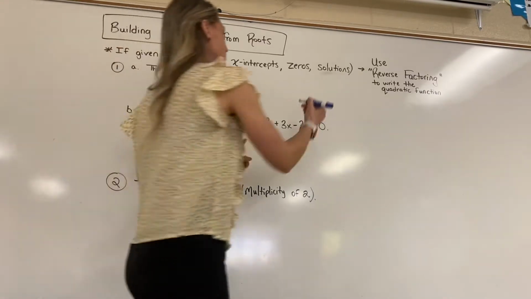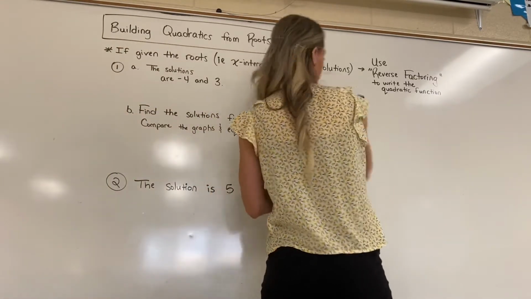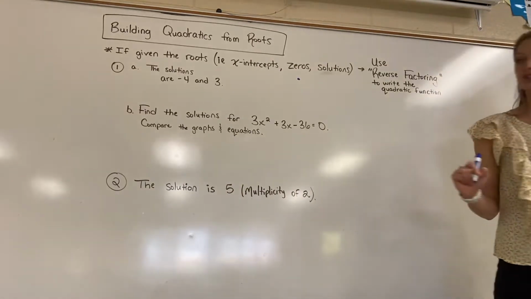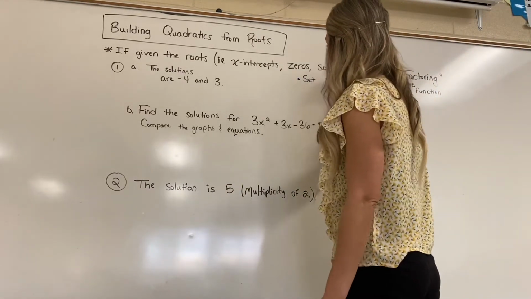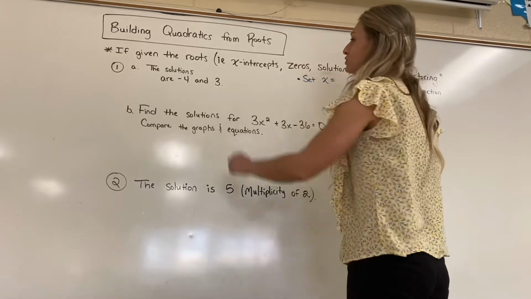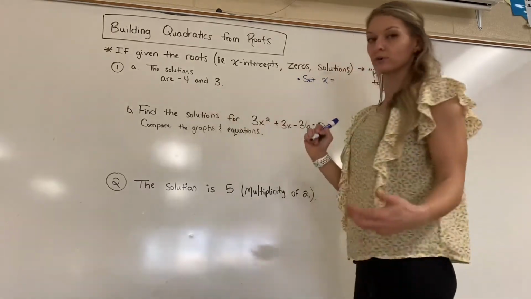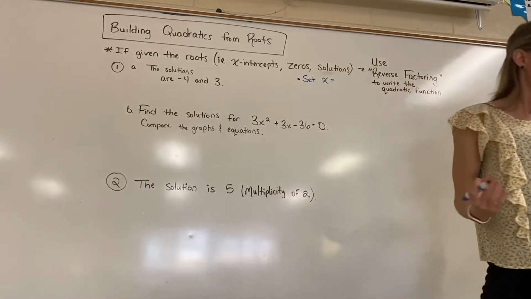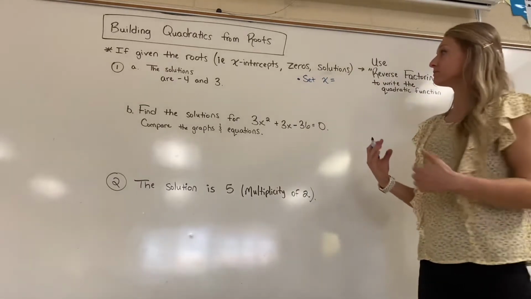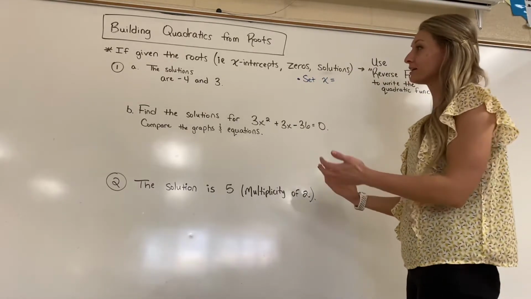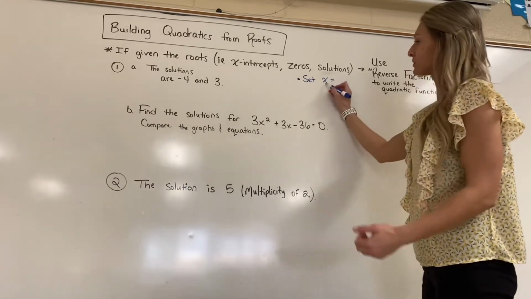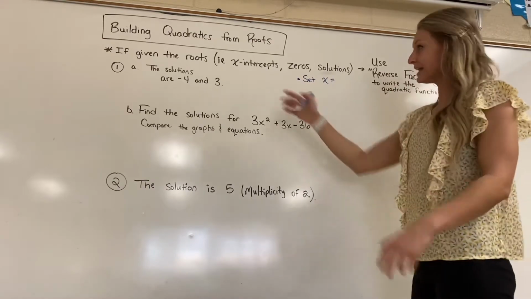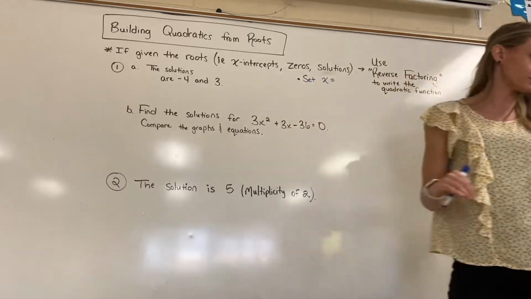So the first thing you do, so we're going to write some steps over to the side right here. The first thing that you're going to do is you're going to set x equal to each one of those solutions. And if you think about it, when you solve by factoring, that's kind of what you end up with, is you end up with x equals each one of those x-intercepts or those solutions.